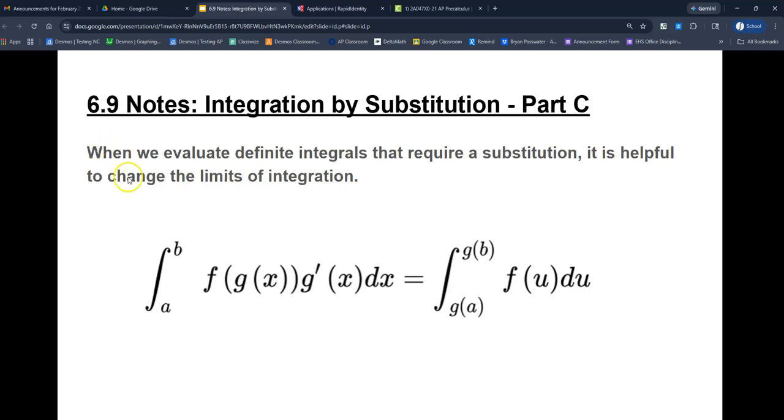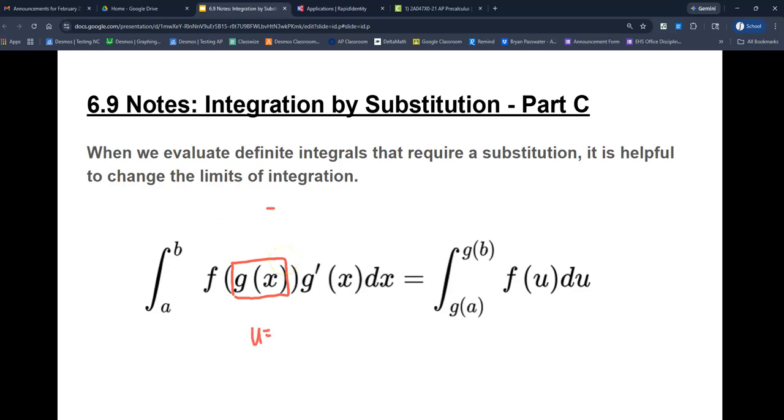So when we have a function that we are integrating, this is a problem that we would need to use u substitution on. The inside part right here, the g of x, is going to be our u, right?